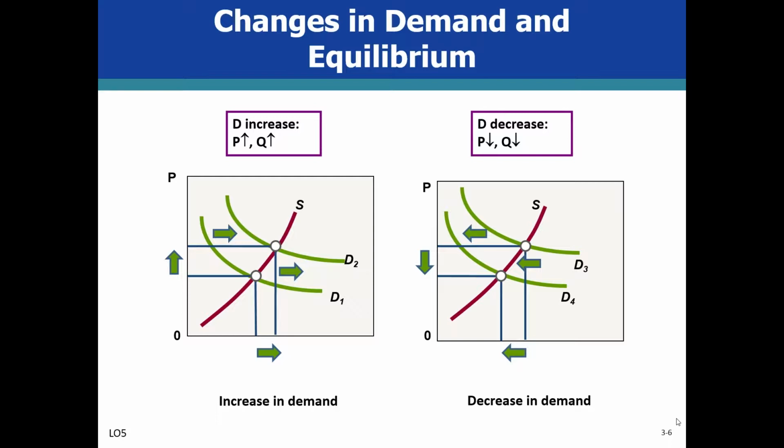Let's assume that Nike shoes are no longer a fashion trend. So demand moves from D3 to D4. What happens? Price decreases and the quantity supplied decreases. Both situations have a new equilibrium point.